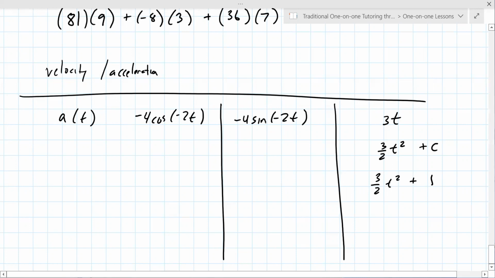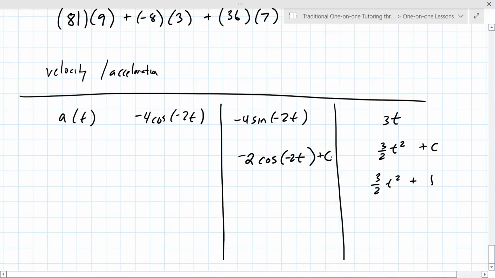The antiderivative of sine is cosine, but it's minus cosine. You have to be really strong with this stuff, and then you've got the inside, the chain rule. This is not really part of this course, but you need to be really good at it. So the derivative of cosine is minus sine, this is actually negative, plus c.